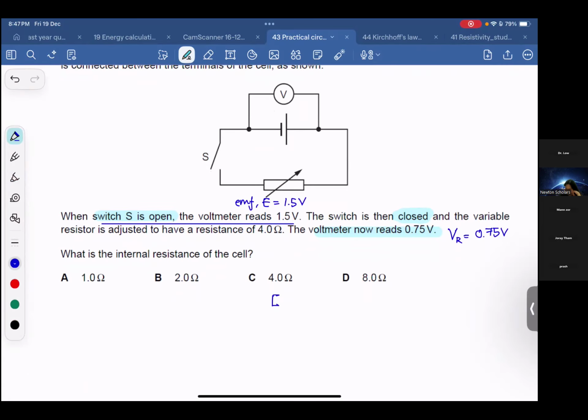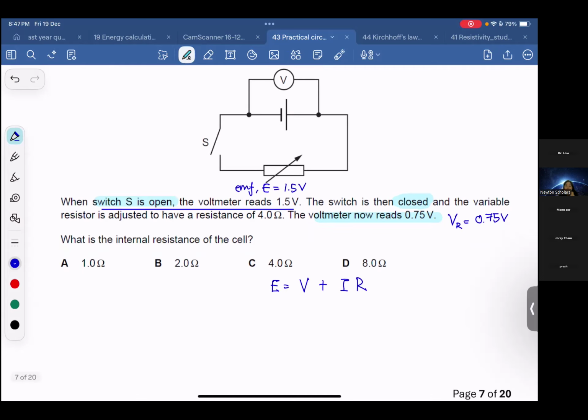Try. Wesley, good job. Yes, you already know the idea. Okay, how about others?